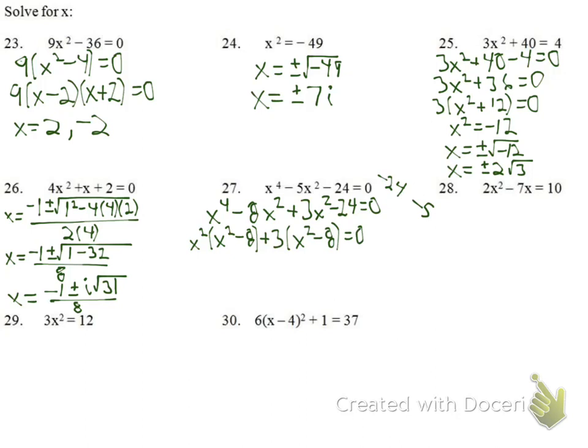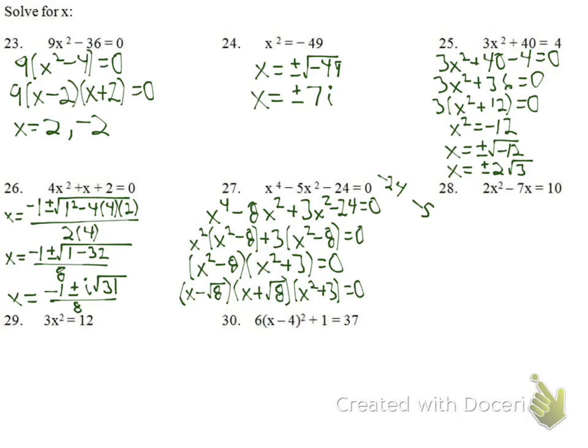They both have x squared minus 8 in common. Take that out, I'm left with x squared plus 3. I can continue to factor the x squared minus 8, that's going to be x minus the square root of 8, x plus the square root of 8, and of course we have the x squared plus 3.